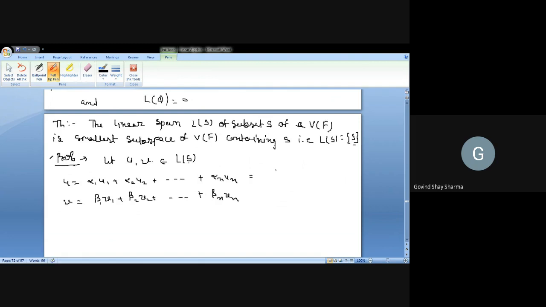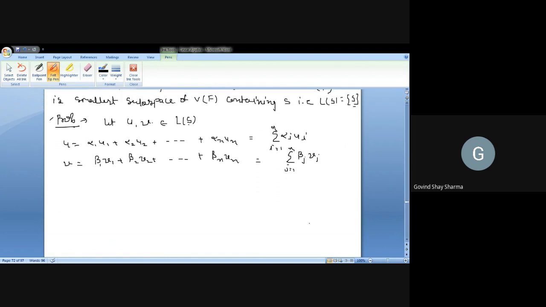We can write where alpha i belongs to F, F as a field, and u i belongs to S. Similarly, beta k belongs to F and v k belongs to S.